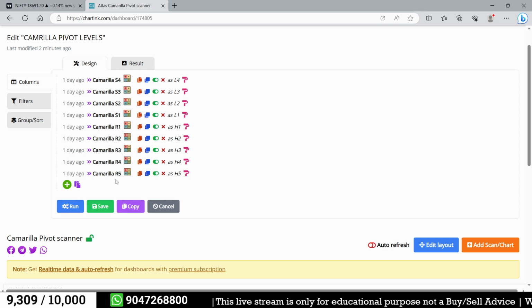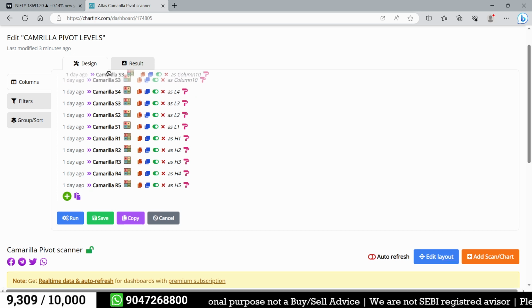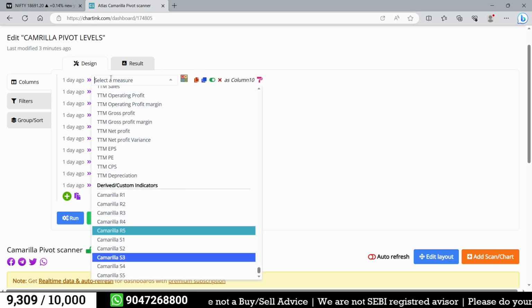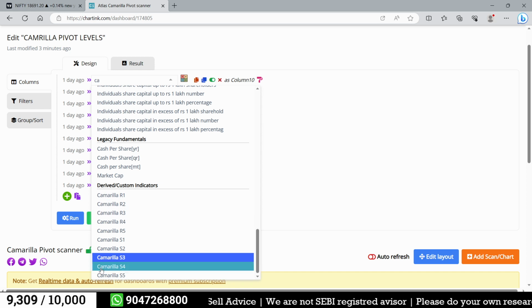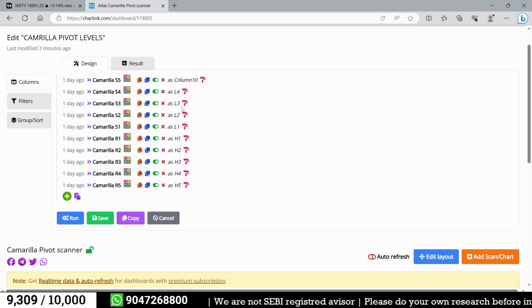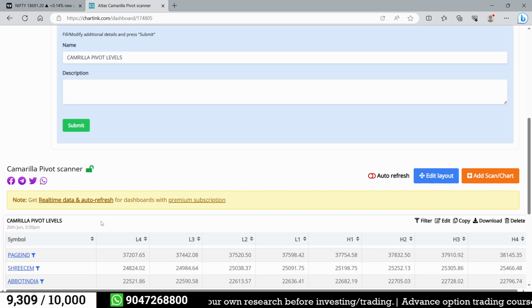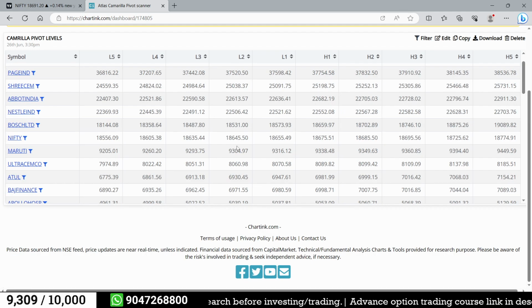Same like that, Camarilla R5. Here we can add S5, which means support. Camarilla S5, that I am going to add as L5. Both L and S are the same. Sorry, L5. If I update this, we will get all the levels for Camarilla.